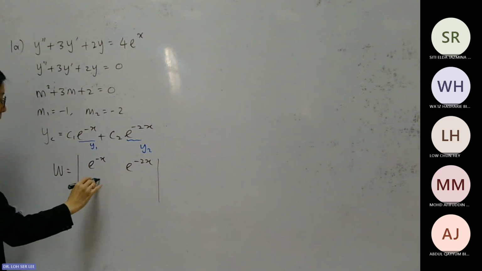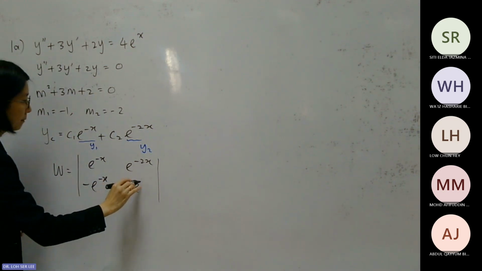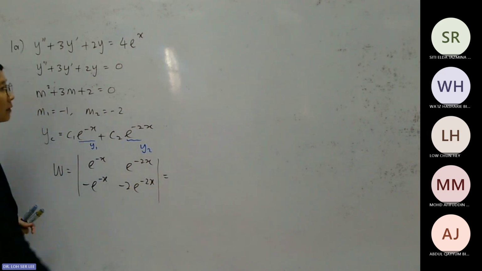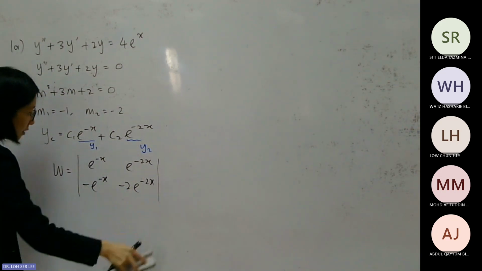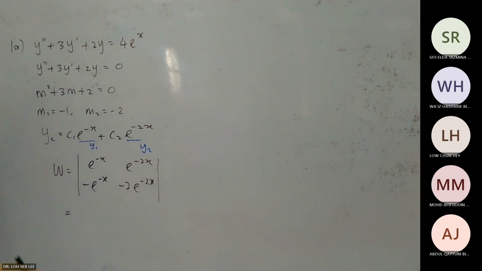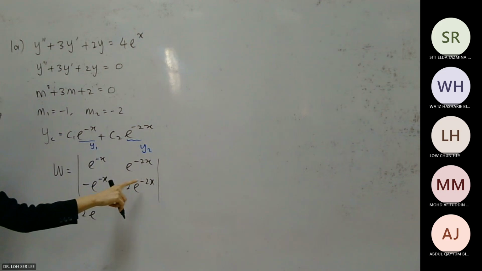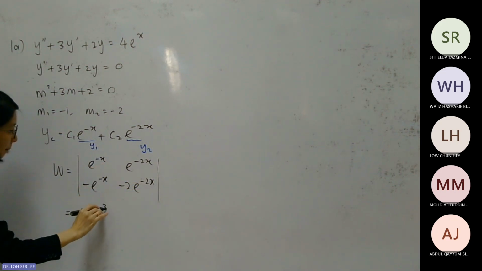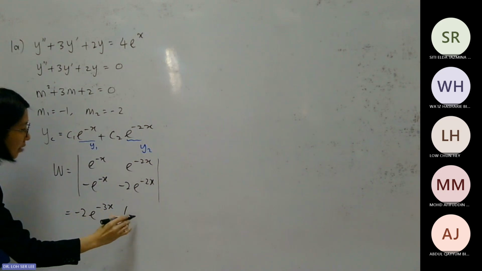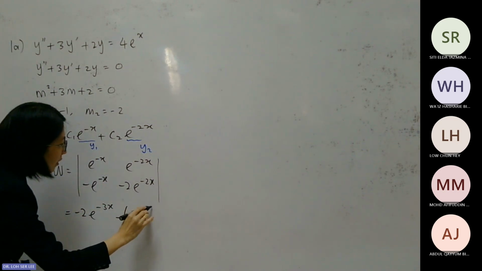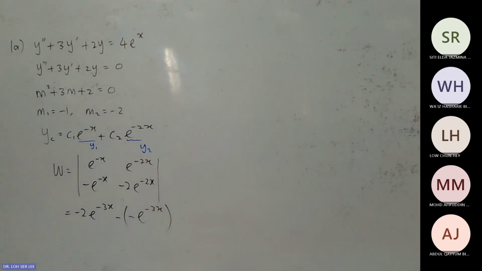Differentiate. Then ad minus bc. Ad total up minus bc. Negative e^(-3x). So -2 plus 1 means -1.